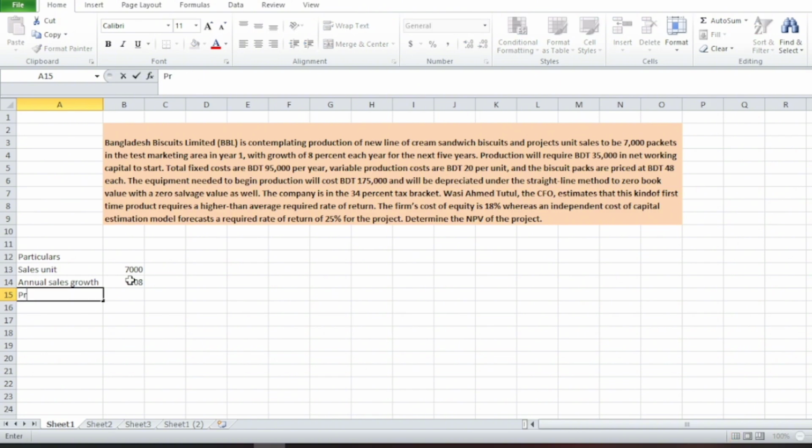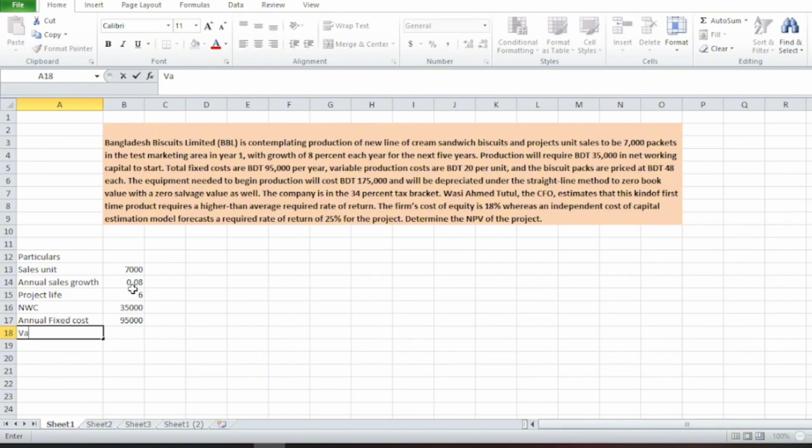And then we have the project life, which is 6 years including the marketing period. And then we have the net working capital, which is 35,000. And then we have the annual fixed cost, which is 95,000.